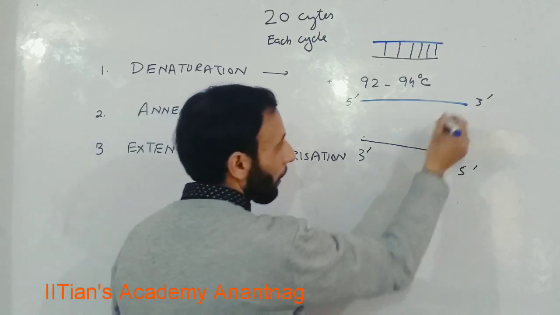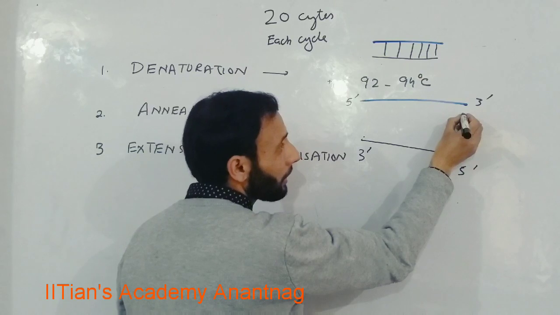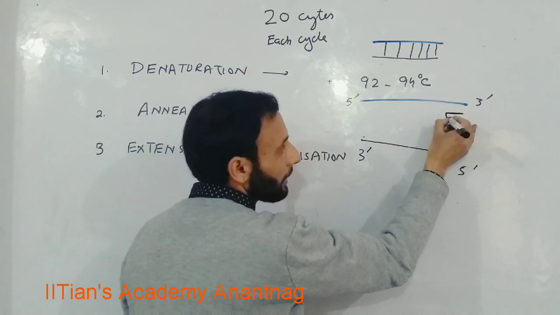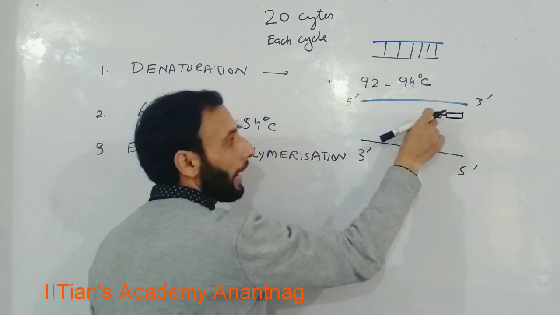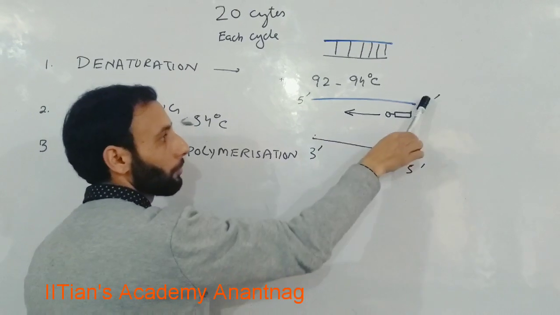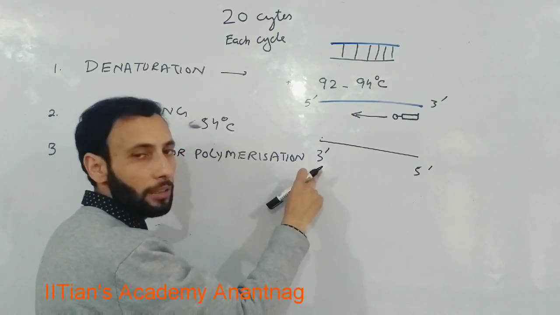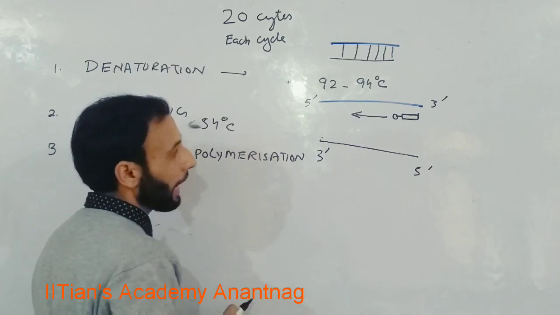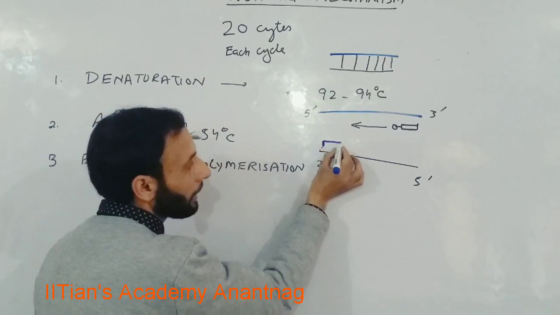Therefore, the primer which we add here, which will bind to this strand of DNA, when new nucleotides are added, they will add in this backward direction, from this to this. In this other strand, the primer will again get attached to the 3' end, which is located here.